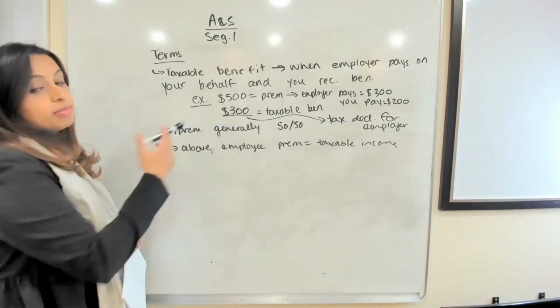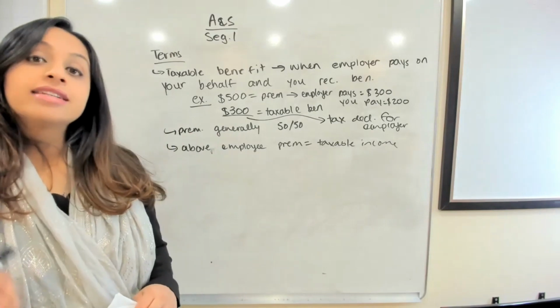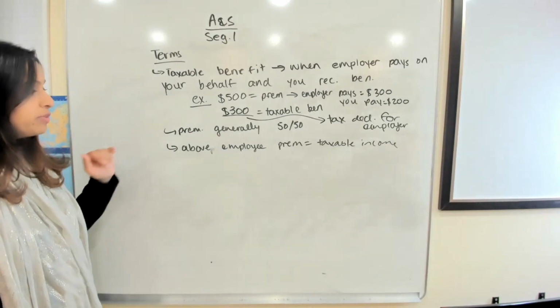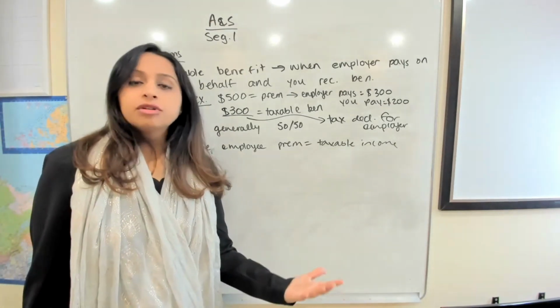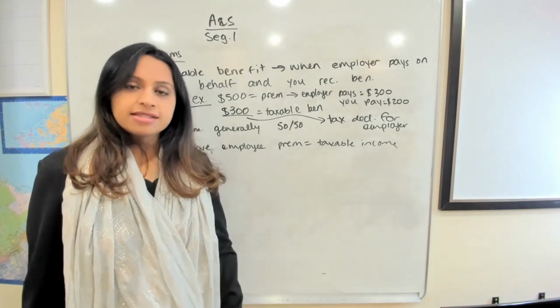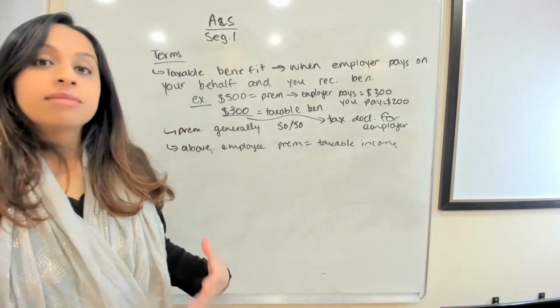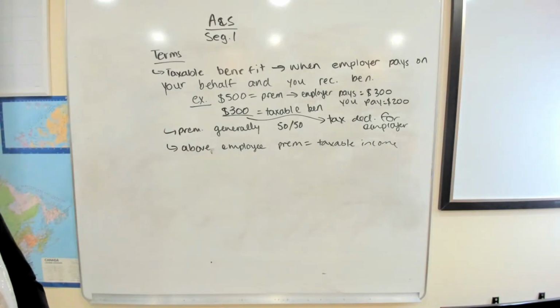Whatever amount the employer is paying is a taxable benefit to the employee, and a tax deductible benefit for the employer. Generally, premiums are a 50-50 split in the majority of real life cases, right down the middle, where the employer would pay half and the employee would pay half.